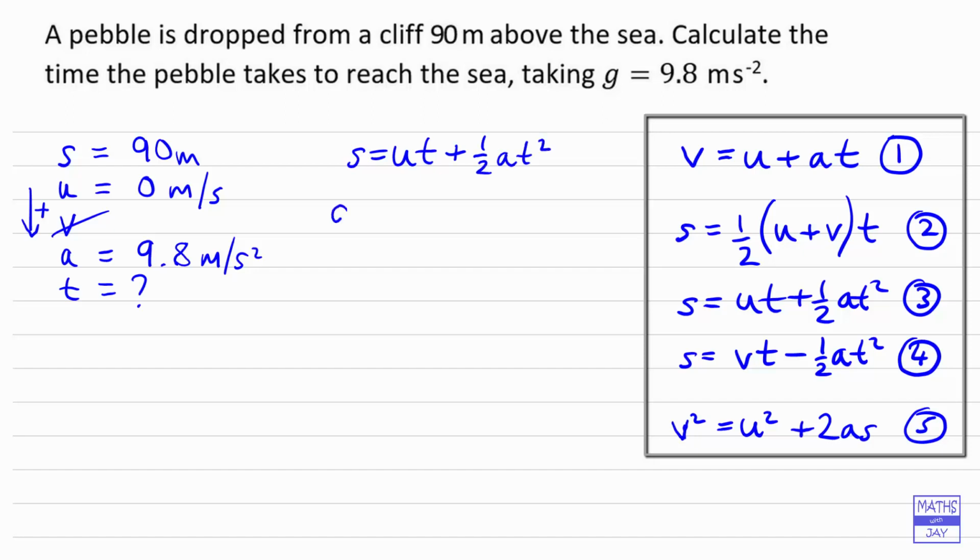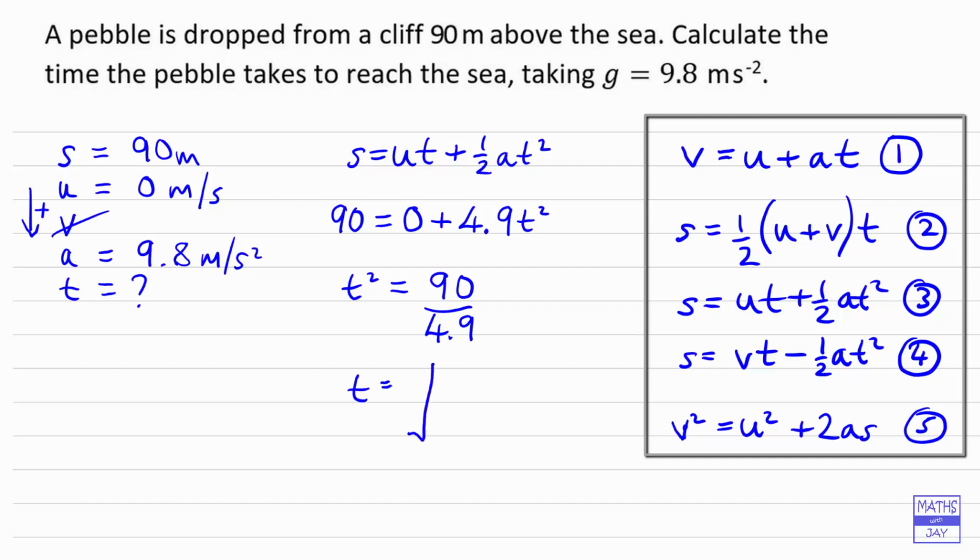So substituting in the values, we've got 90 is 0 times t, so that's 0 plus half a, so we might as well halve the acceleration here, so we've got 4.9 and then t squared. So t squared is going to be 90 divided by 4.9.